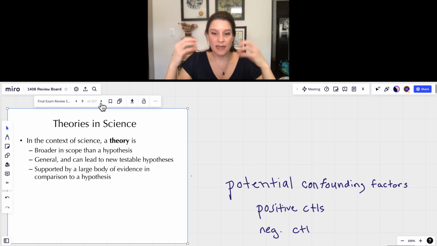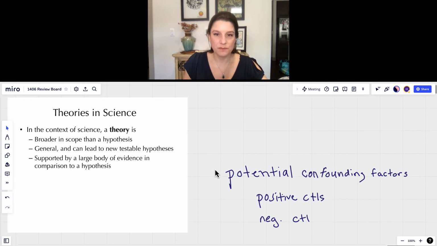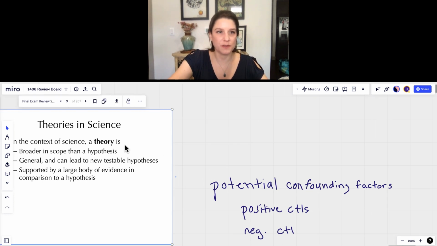Atomic theory says that all matter is made of atoms, and those atoms have certain kinds of characteristics. Cell theory says all living organisms are made of cells, and cells have certain characteristics. So those are all different types of theories. And you can see how much bigger those are than just a specific answer to a question. So you'd want to know the difference between those.